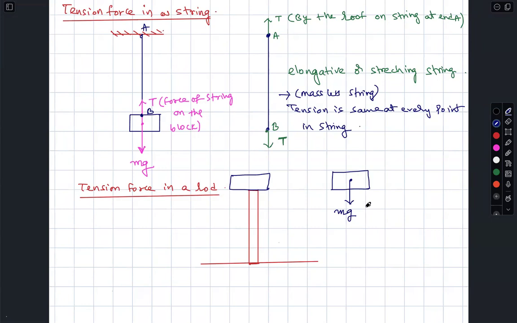The block on the top of the rod is at rest. It is very clear, no confusion in this. But how is it possible that this block remains at rest? Tell me. No one in the class?